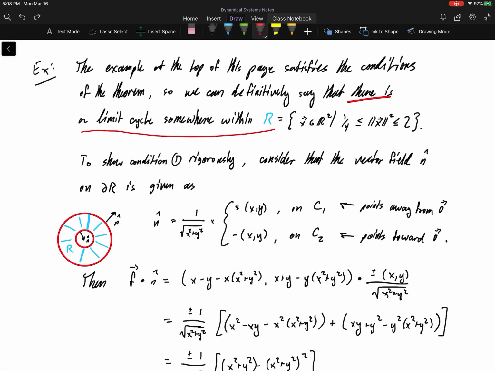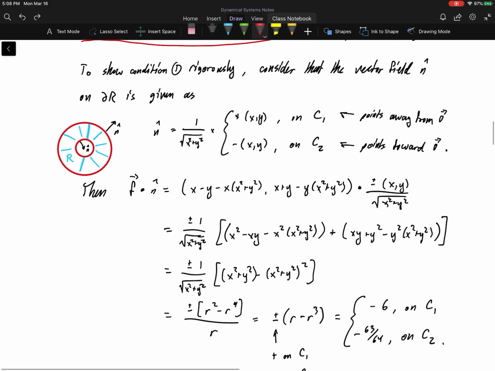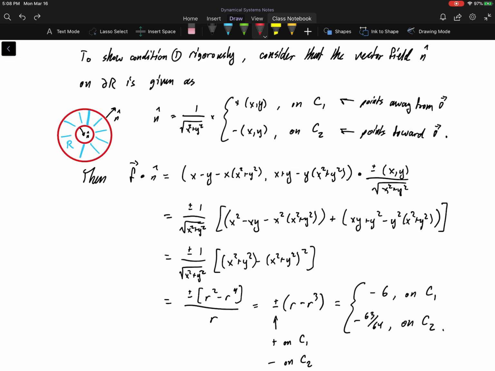In order to show condition 1 rigorously, we can go ahead and use our numerical simulation just to give us an idea that we might be able to find a trapping region. To actually show this rigorously, I've gone through a computation here of how you might actually see what the unit normal vectors look like on the inner and outer boundaries. These are your standard unit radial vector fields, and you just compute the dot product explicitly.